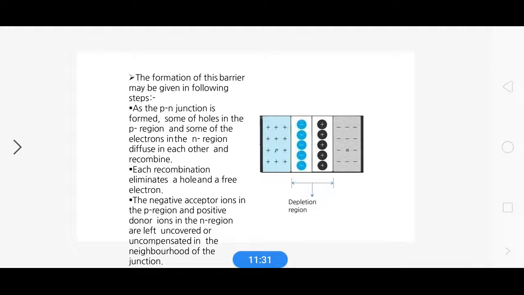The holes are repelled by the positively charged immobile ions in the n region. In the same way, if electrons diffuse towards the p region, these electrons are repelled by the negatively charged acceptor ions in the p region.